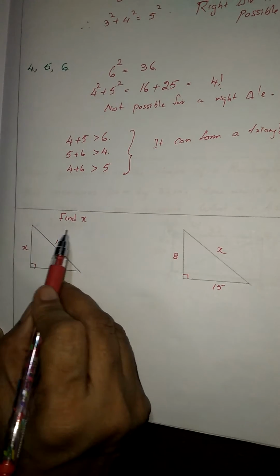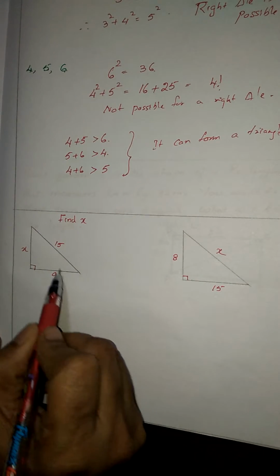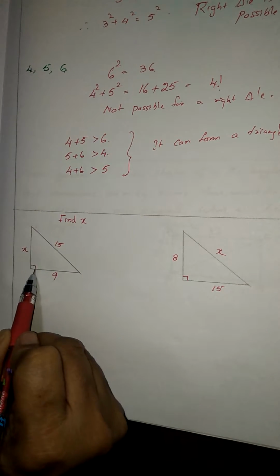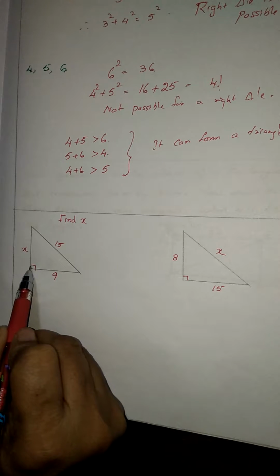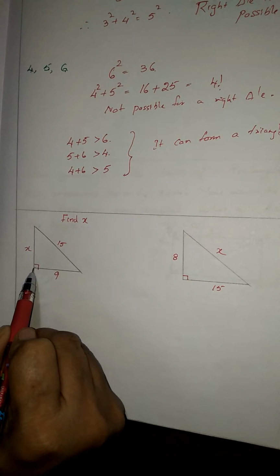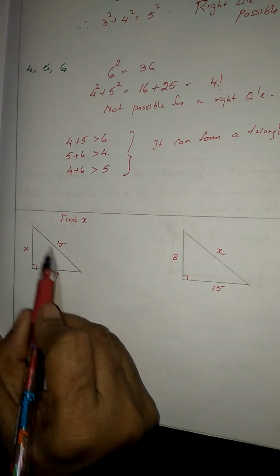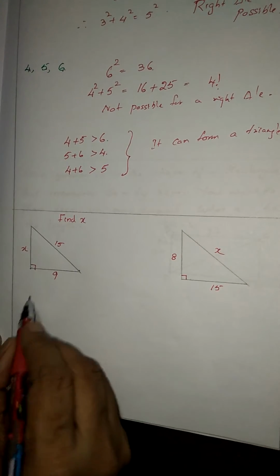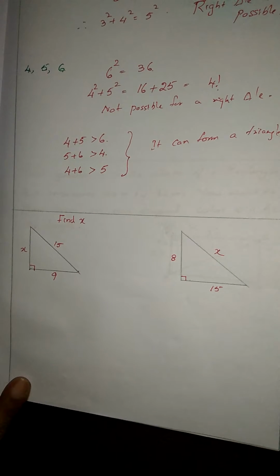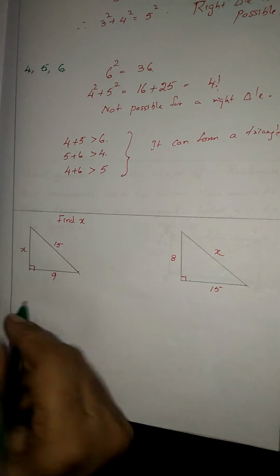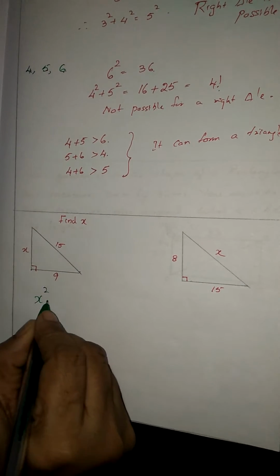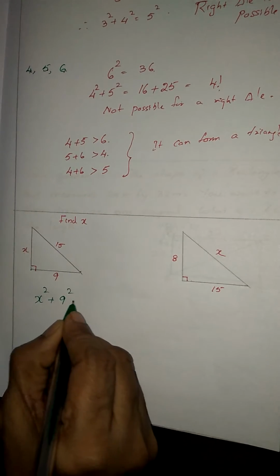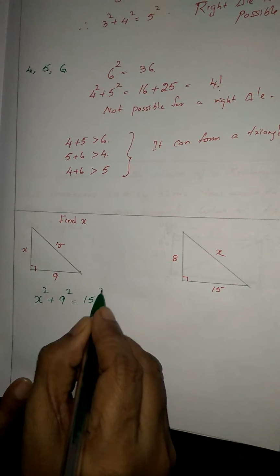Now we have to find the value of x in this triangle. This symbol shows that this is a right triangle at this vertex, and this will be the hypotenuse. Now we have to find the value of x. So x squared plus 9 squared is equal to 15 squared.